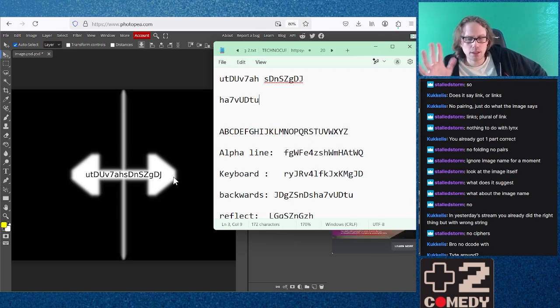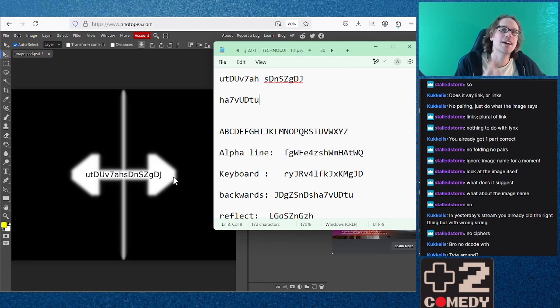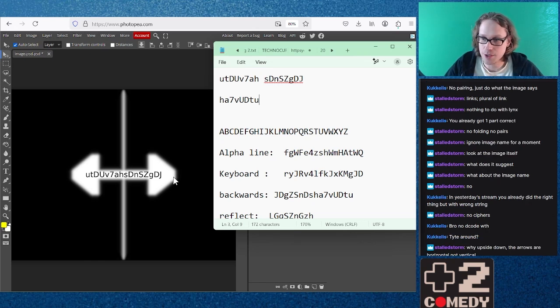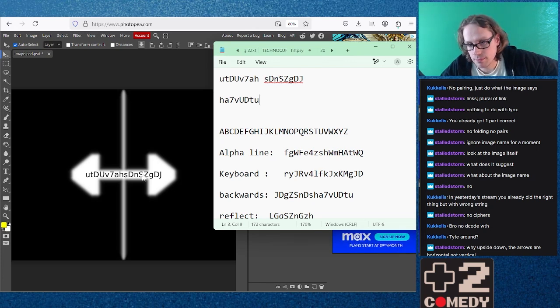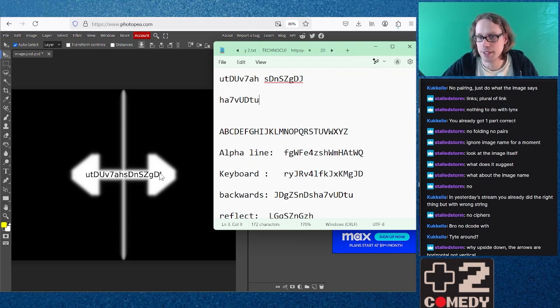But I feel like I'm going around the same circle 100 times now, wanting it to be my solution, and it's not. So I've got to get out of this reflective box and start thinking about stretching it. Because it could be mirrored along this line. It is Y upside down. This is also perfectly symmetrical.